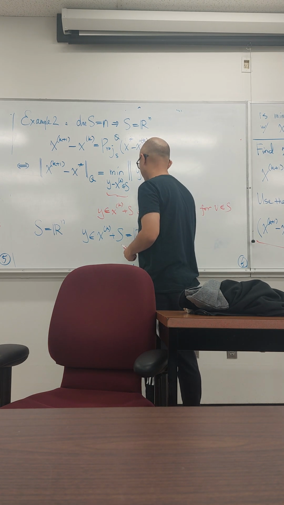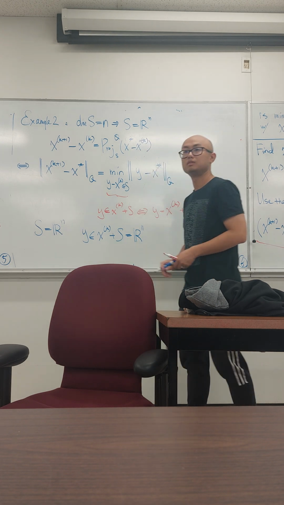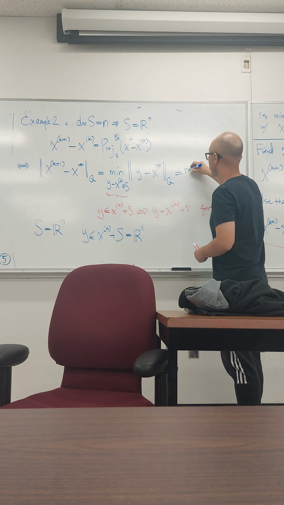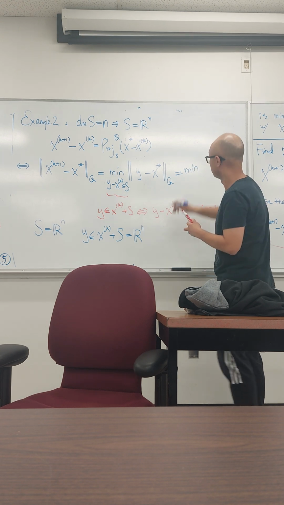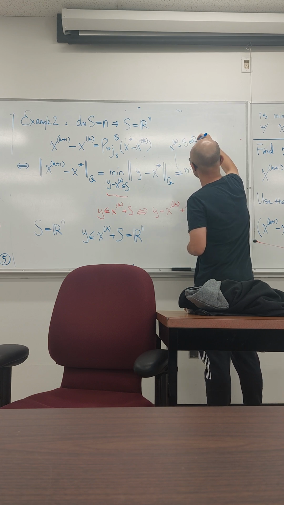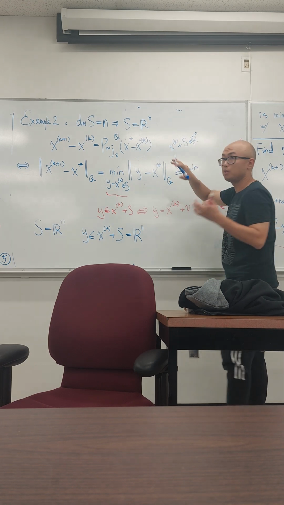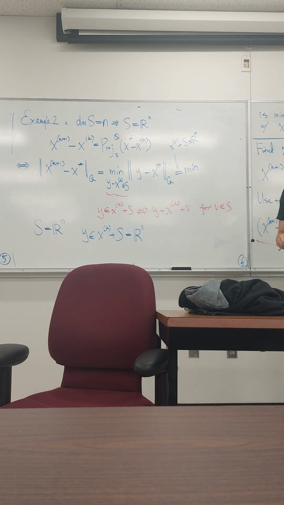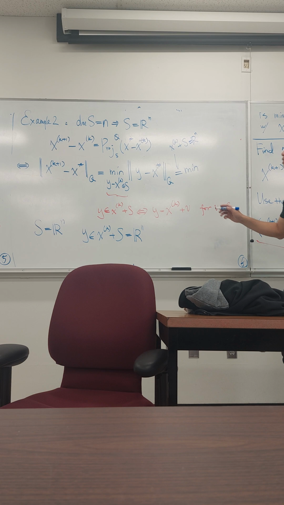So this is Rn as well, because xk plus S is the whole space, since S is our whole space.